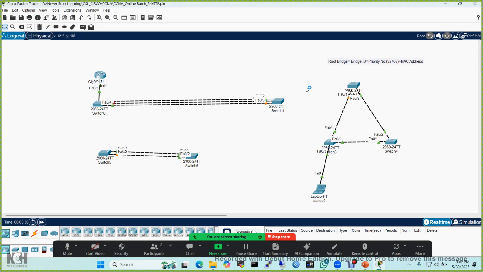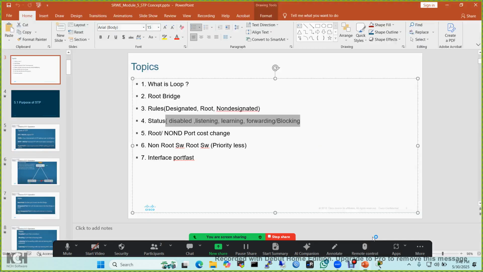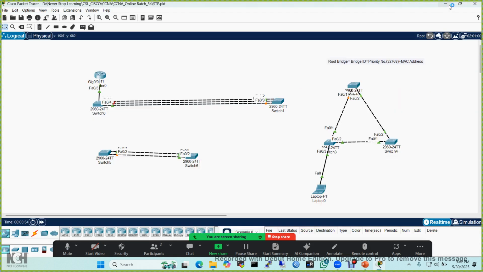Before going to that task, we need to know a term named root bridge. What is root bridge? Can you say? Root bridge is the elected bridge. Yes, elected bridge. In this chapter, bridge means switch. Bridge equals switch.